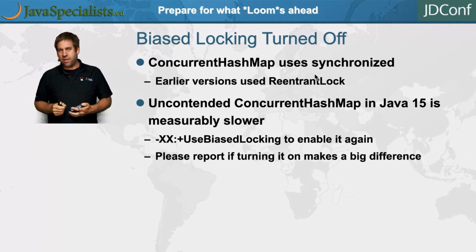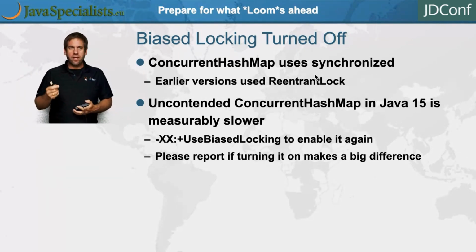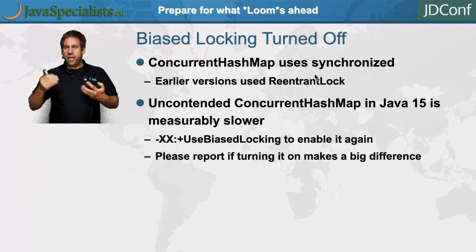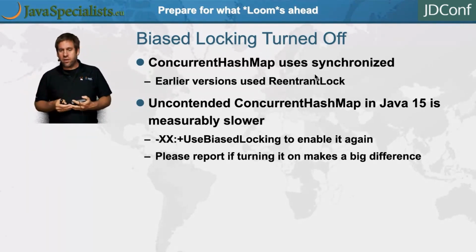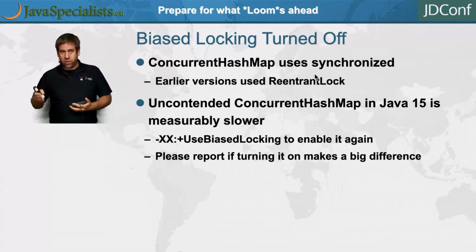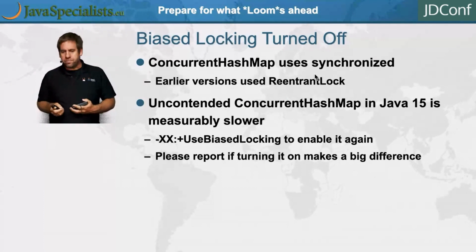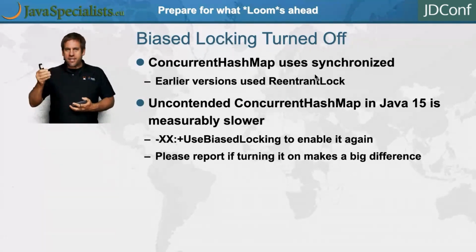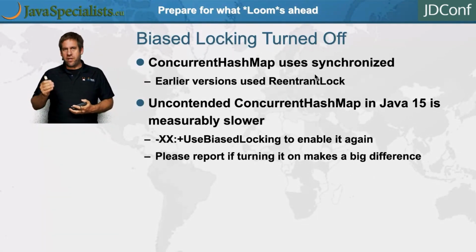But I have got some benchmarks that show ConcurrentHashMap being 3 times slower in an environment where you don't need locking. So if you don't need synchronization or thread safety, but you're still using ConcurrentHashMap, it might be 3 times slower with biased locking turned off than with it turned on. But I'll be very surprised if in your real application you would measure a difference.